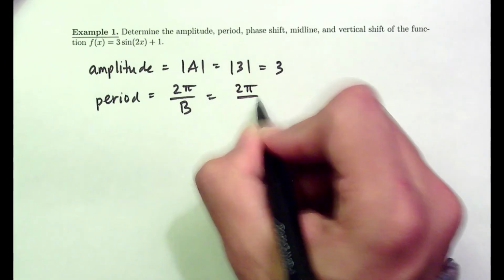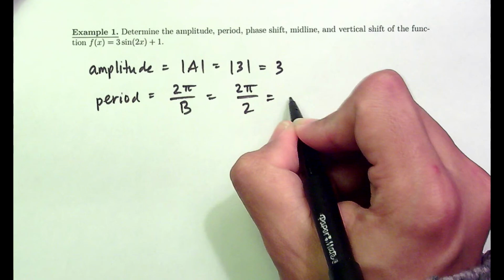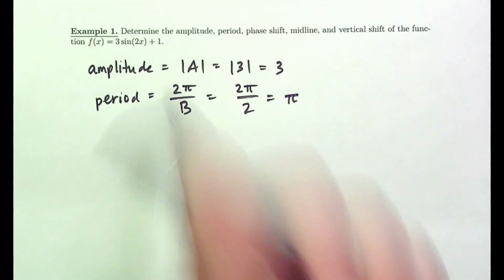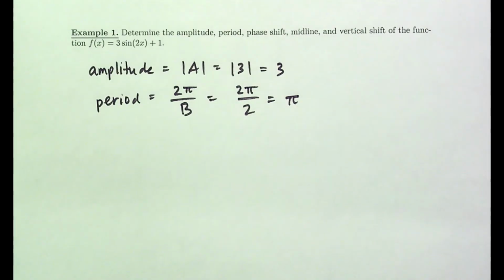That means 2 pi over 2, and that is pi. So the graph is going to repeat itself every pi. After every pi, the graph repeats itself, both to the left and to the right. All right, so that's the period.